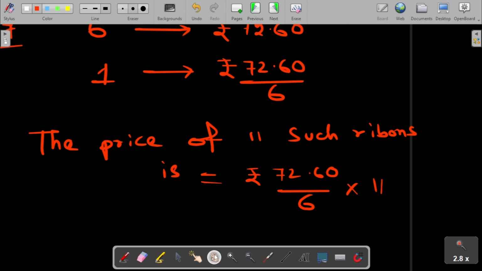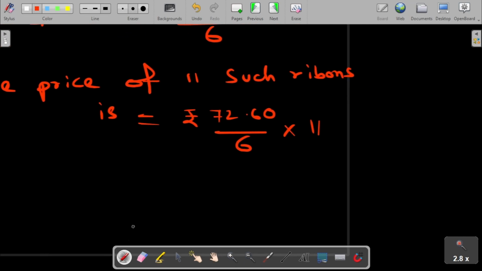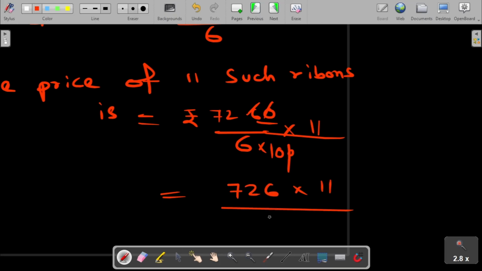Okay, so if I simplify this, firstly we remove the decimal. For the decimal we take 1 and after it two zeros. Now here 10 and here 10, so they cancel. So it becomes 726 multiplied by 11 and divided by 6 multiplied by 10.